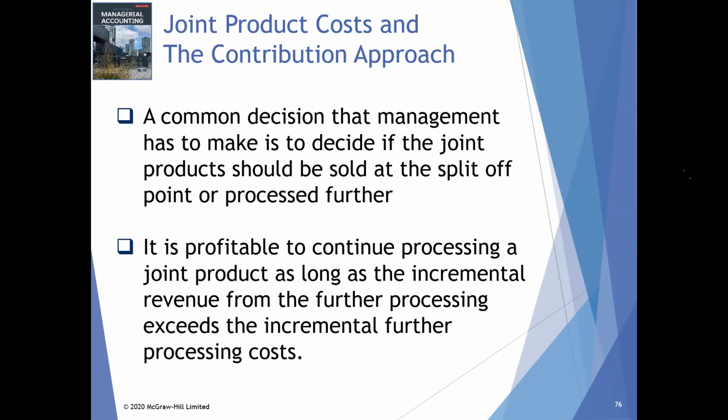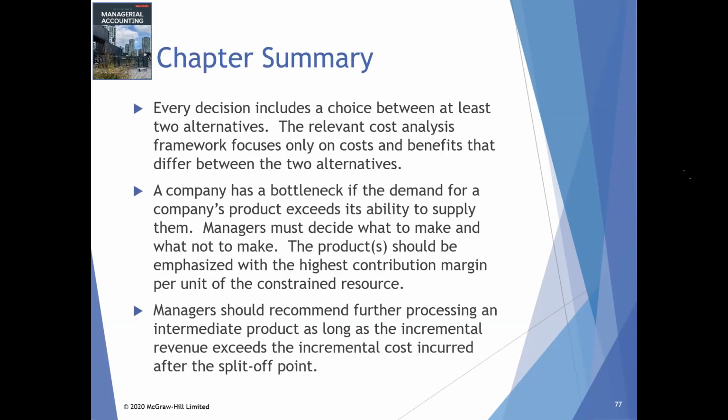It is profitable to continue processing a joint product as long as the incremental revenue from the further processing is more than the incremental further processing cost. If the revenue is more than the cost, definitely we will go further. In a nutshell, every decision includes a choice between at least two alternatives. The relevant cost analysis framework focuses only on costs and benefits that differ between the two alternatives.